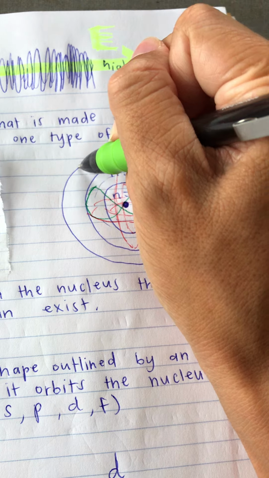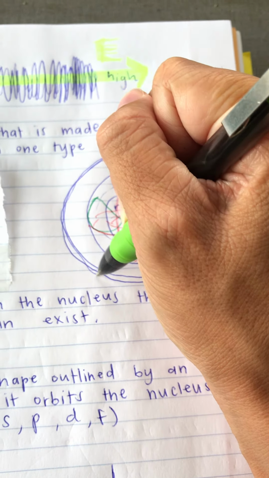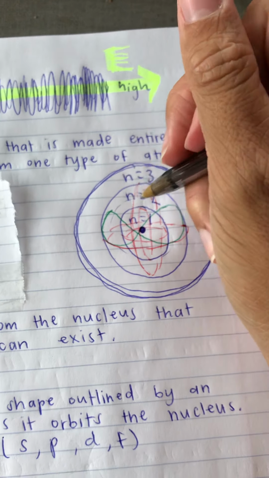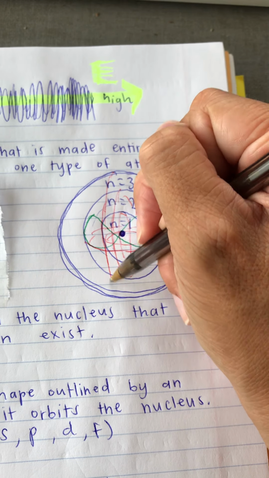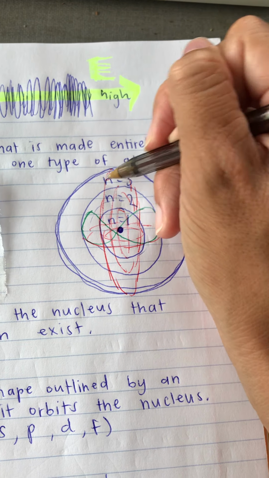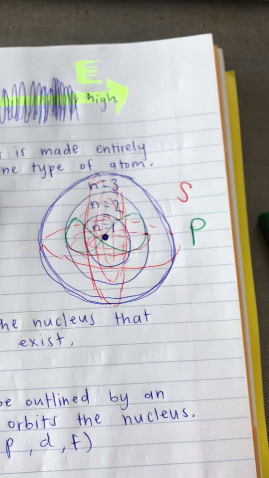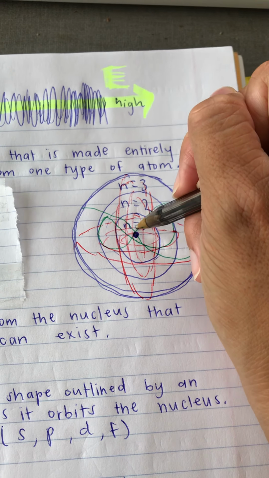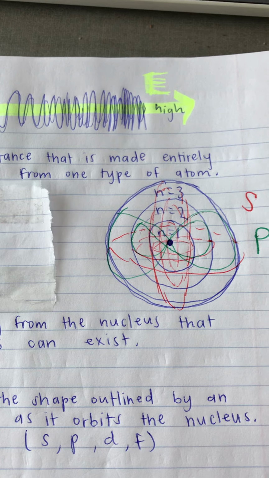This, again, is the n equals 3 shell. The different shapes that an electron can travel are our S, our P, and now we have a new one.